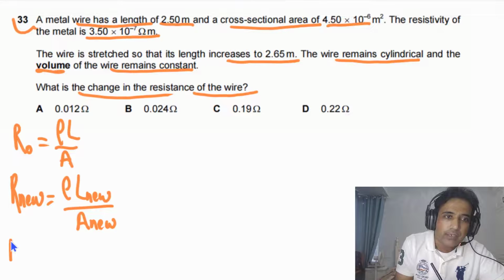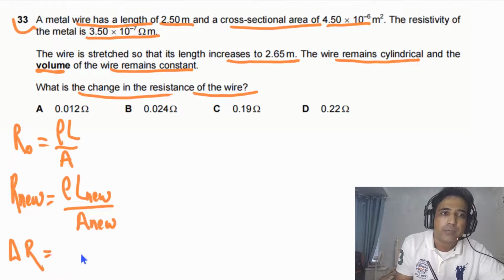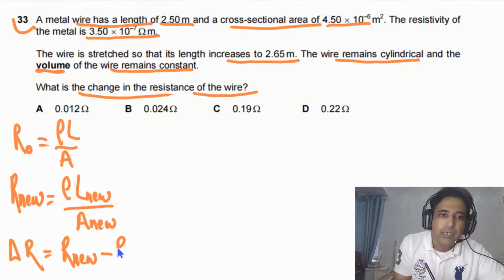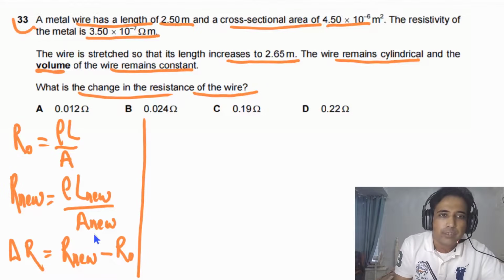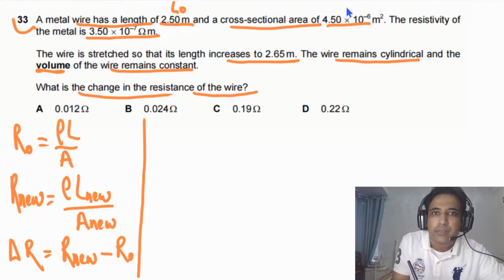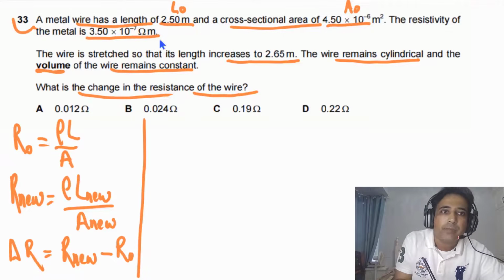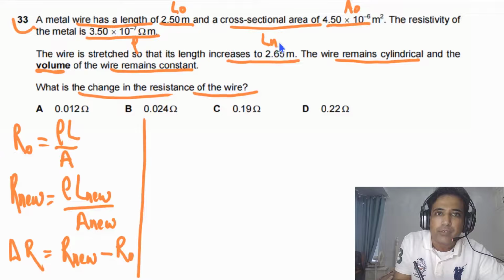We need to find the change in resistance, delta R, which is simply R new minus R naught. First of all, we have to find the value of A new. This is L naught over A naught, this is the resistivity, and we have L new.